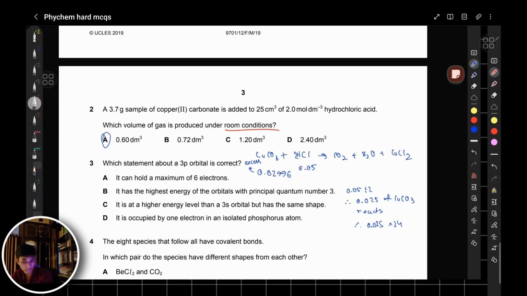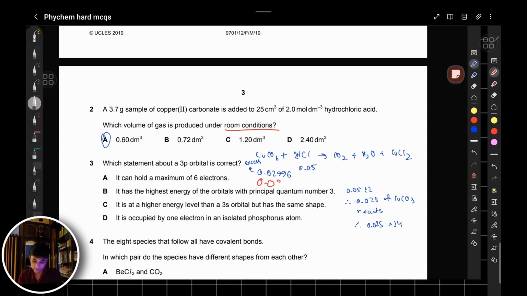3.7 grams. So, figure out the moles, which is going to be 3.7 divided by the molar mass. It's going to be 0.02996. Okay, 0.03, let's say.